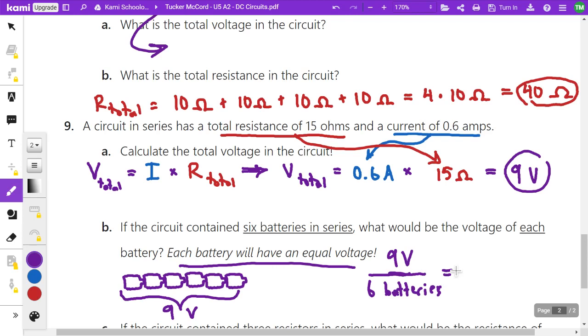If I split that 9 volts equally into 6 different batteries, I'm going to end up with 9 divided by 6, which if I plug that into a calculator gives me 1.5 volts. That's my voltage per battery on each battery. And 6 of those add up to 9 volts.